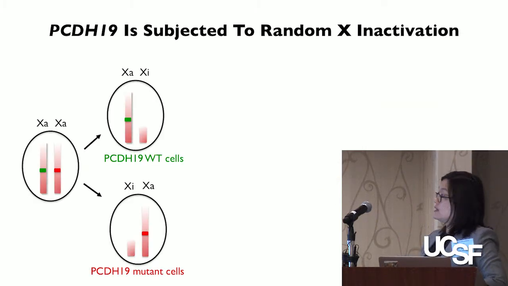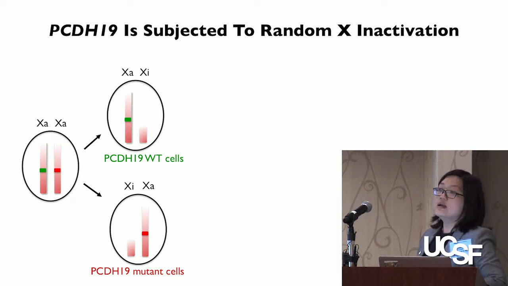As I alluded to before, PCDH19 is subject to random X inactivation. At the stem cell stage, in a single cell, you have two active X chromosomes. One is wild type, but the other one is mutant, shown in green and red. Then during early embryogenesis, one of the chromosomes is subject to inactivation.